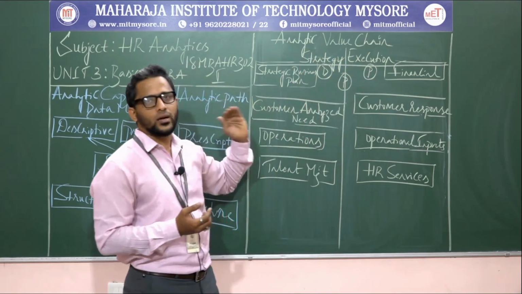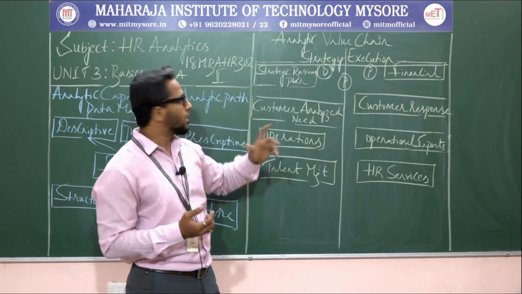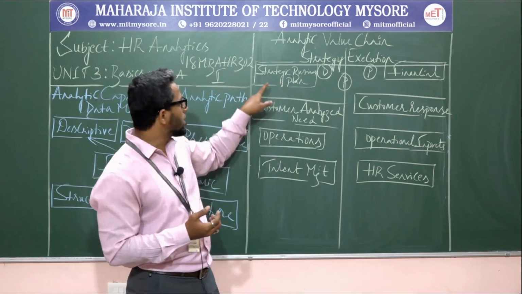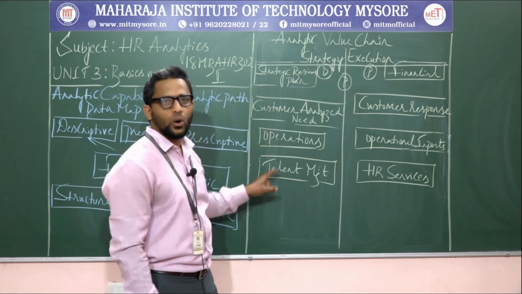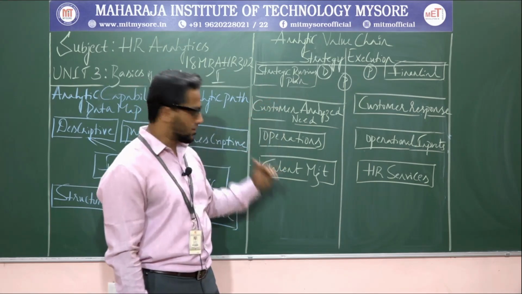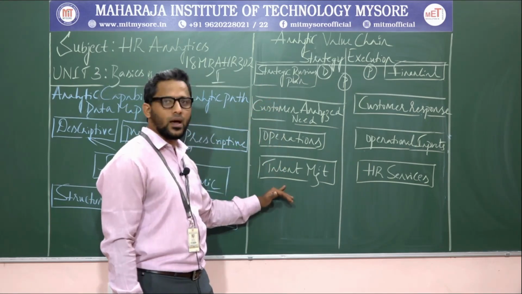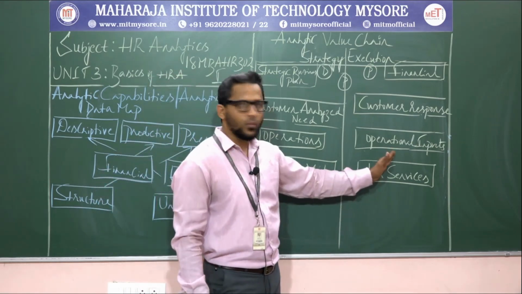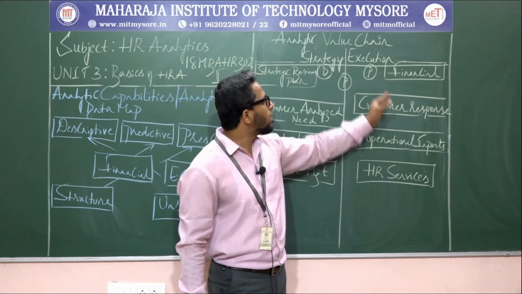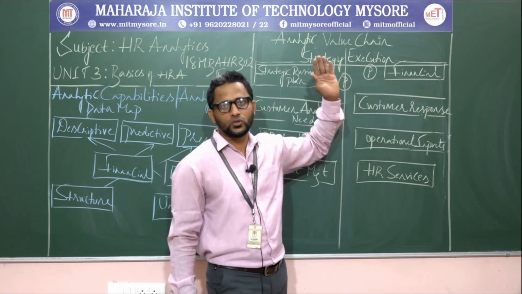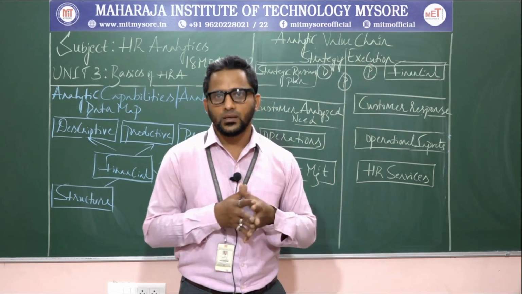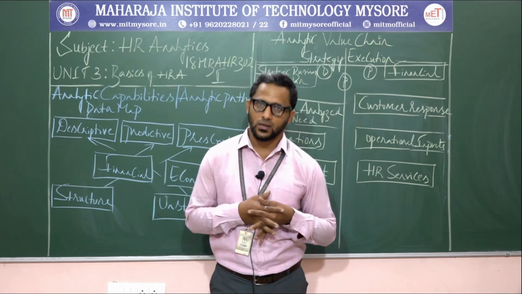So this entire picture helps you understand the analytic value chain. How do I understand this chain? You have a link starting from your strategic business plan, to the customer analyzed need, operations, talent management, HR services, operational inputs, customer response, and the financial aspects. Finally, it goes to your performance, outcome based, what it is generating, the revenue generating.